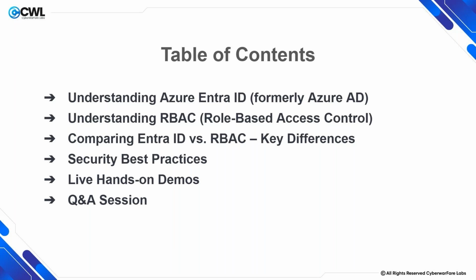We will cover what RBAC is and how it differs from Entra ID roles. We will see common built-in roles, high privilege roles like Owner and Contributor, and some low privilege roles as well, according to the scenario. We'll understand role assignments and inheritance.